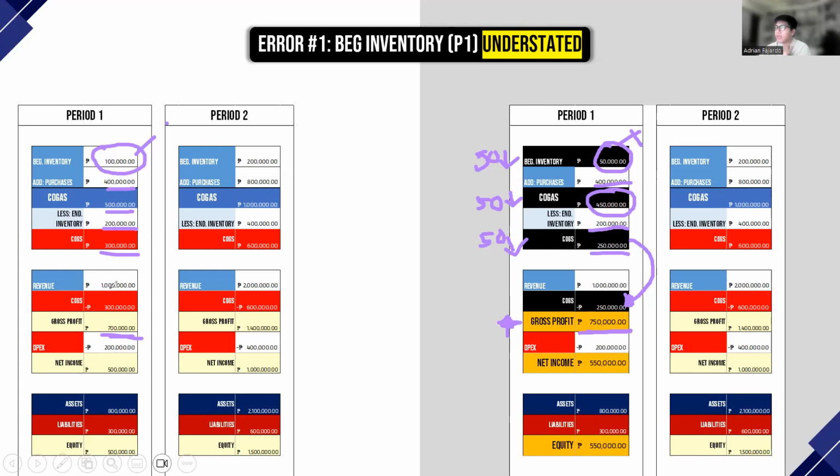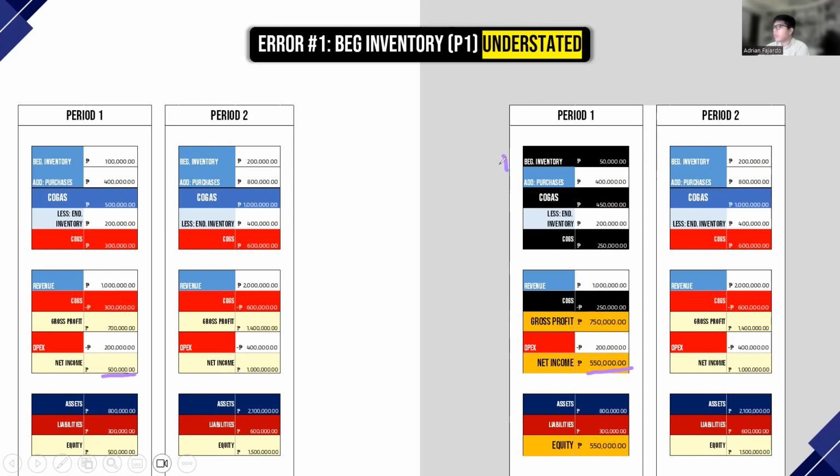The revenue is the same, 1 million. Minus the understated COGS of 250,000, the gross profit went up. So even though your OPEX is the same at 200,000, your net income, which should have been 500,000, became 550,000. So, what happened?